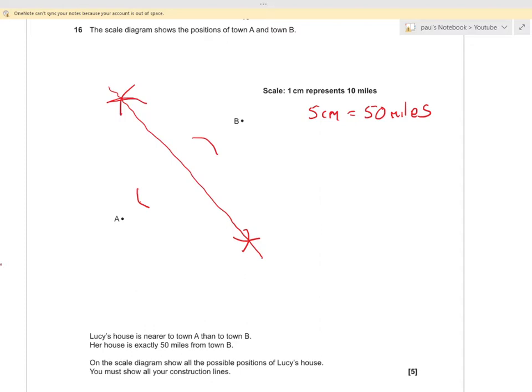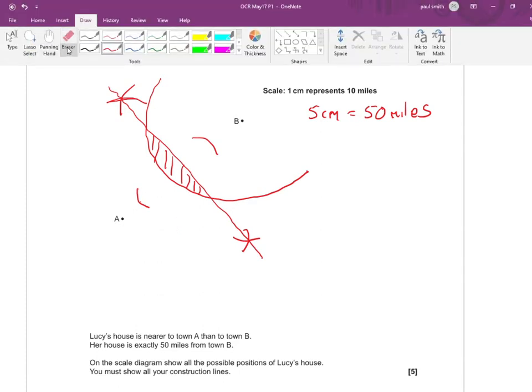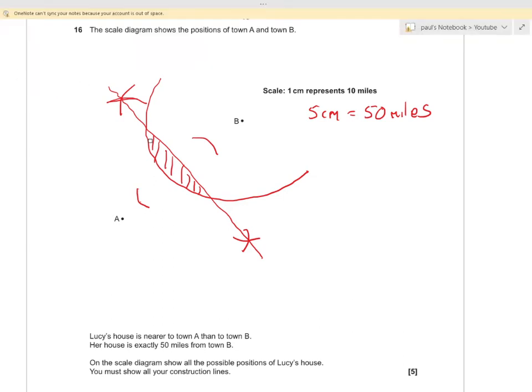So say 5 centimetres from there to there, and then we draw a big arc there, like that. So Lucy's town, on the scale, all possible locations for Lucy. Yeah, so here. Oh no, oh no. Tiny, tiny. It's not going to be in there.